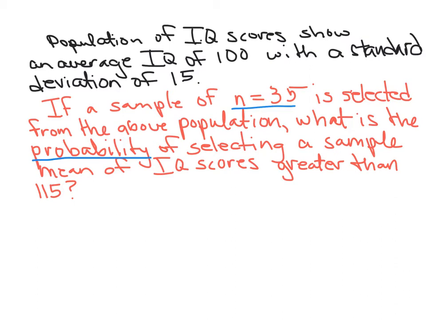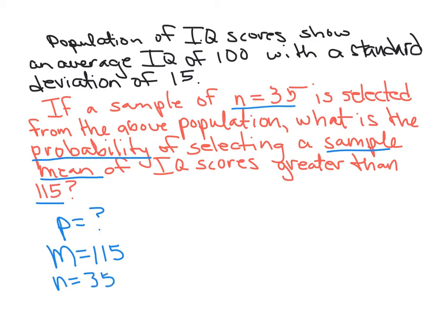So when we have probability, that's P equals question mark, of selecting a sample mean of IQ scores greater than 115. Well, sample mean is capital M equals 115, and we have a sample size of 35.